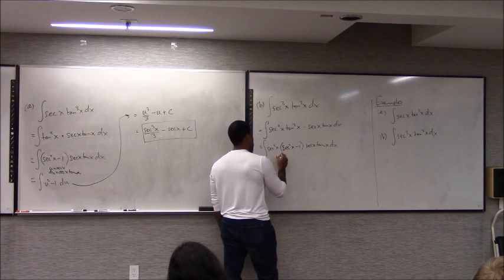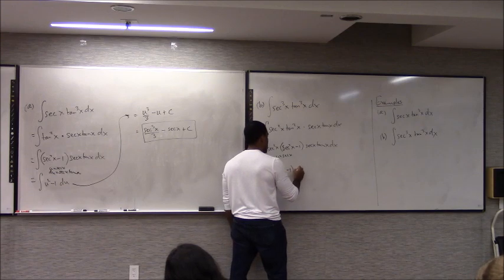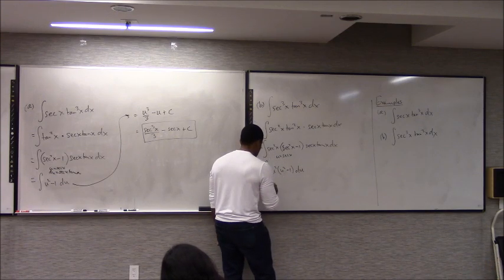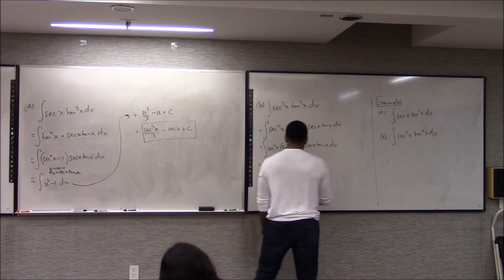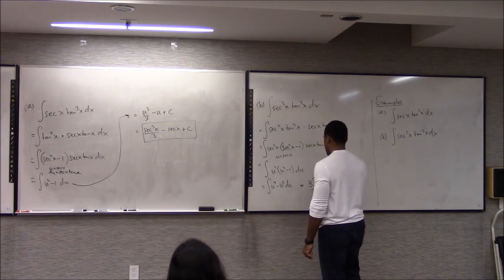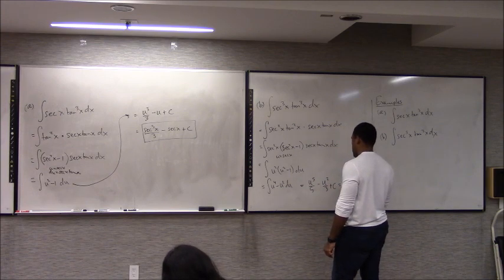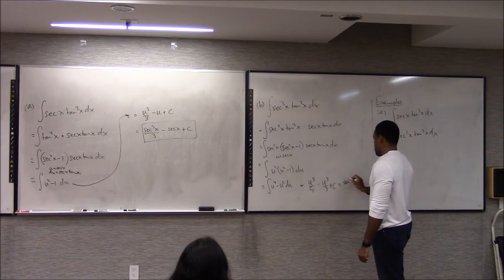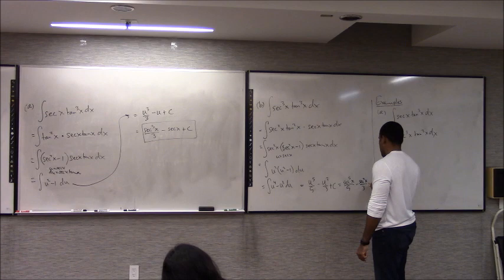And then I'm going to do that u equals secant. So this is going to be u squared minus 1 times u squared, so u to the 4th minus u squared du. This is going to be u to the 5th over 5 minus u cubed over 3 plus c, which is secant to the 5th over 5 minus secant cubed over 3 plus c.